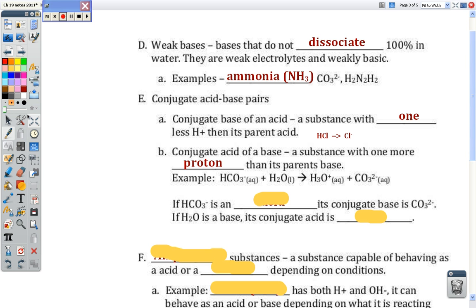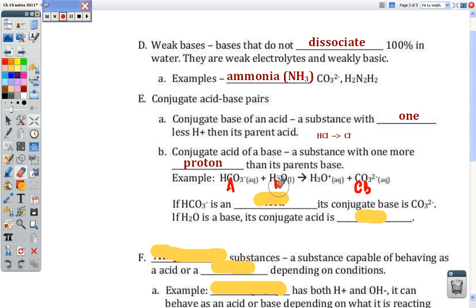This would be the acid. This over here would be its conjugate base for this particular acid.